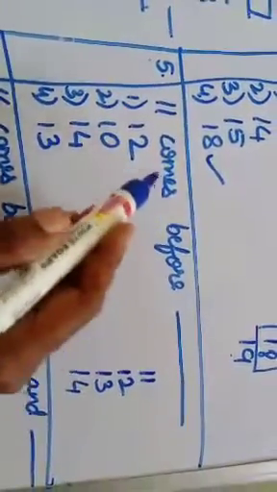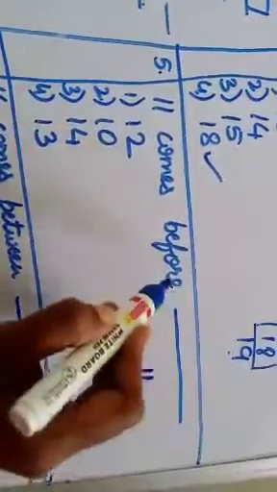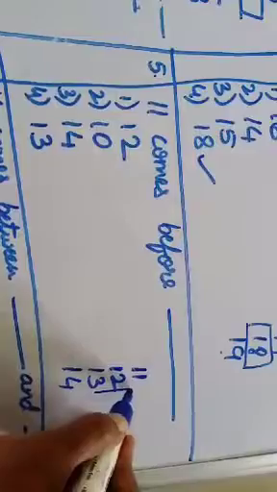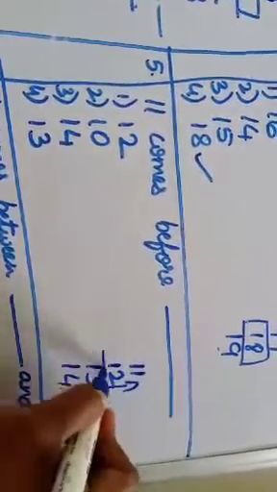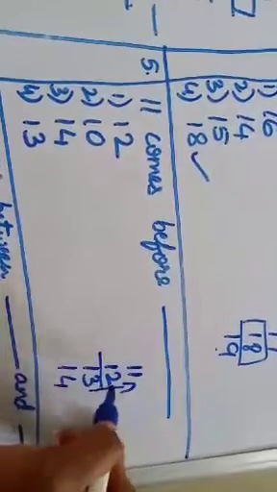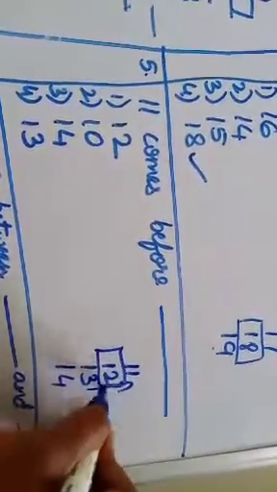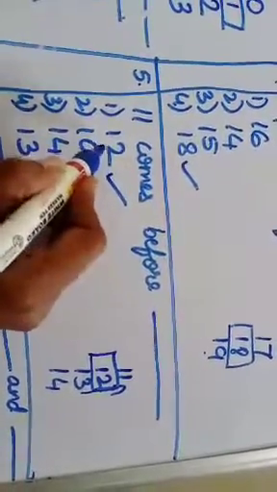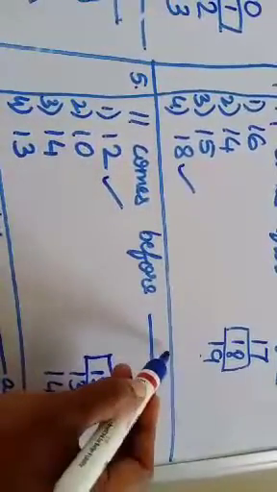So here they asked 11 comes before dash. So before which number 11 comes? Before 12, right? Before 12, 11 comes. That means the answer is 12. Option first one is the right answer, that is 12. Tick mark it and write in the blank.